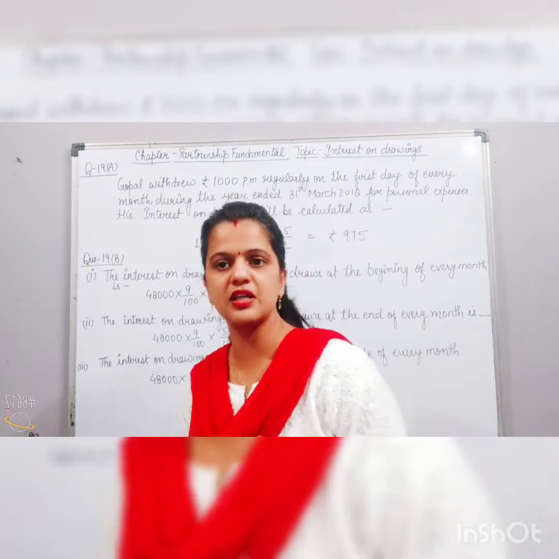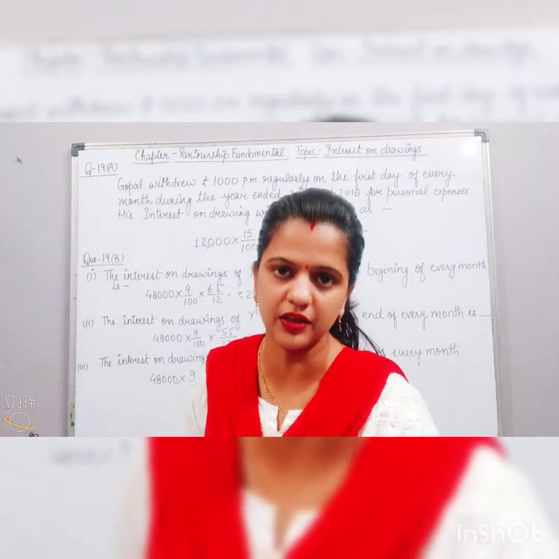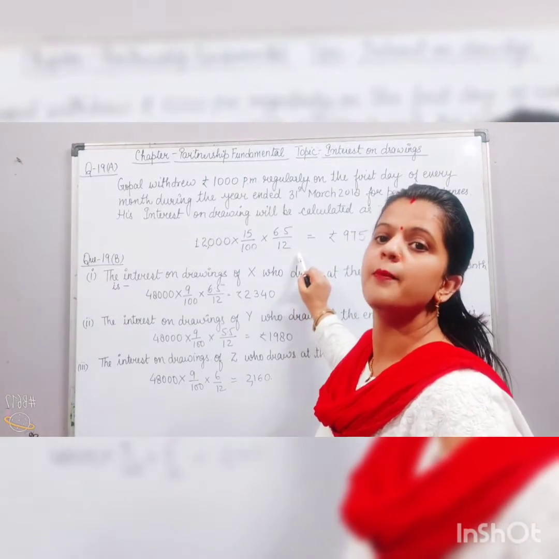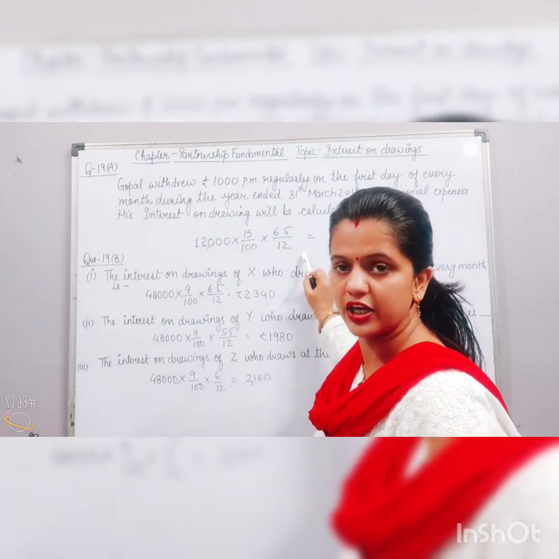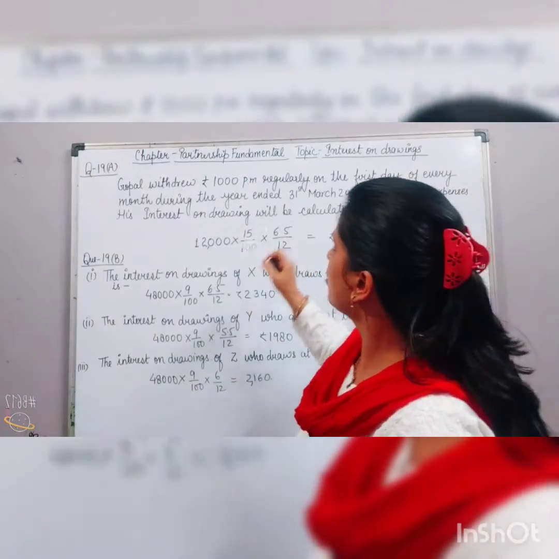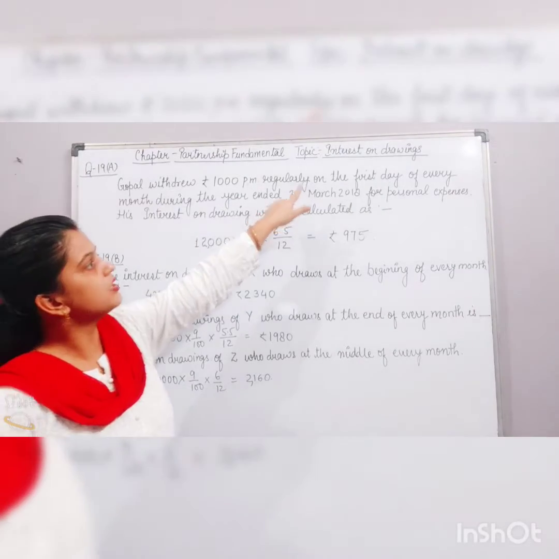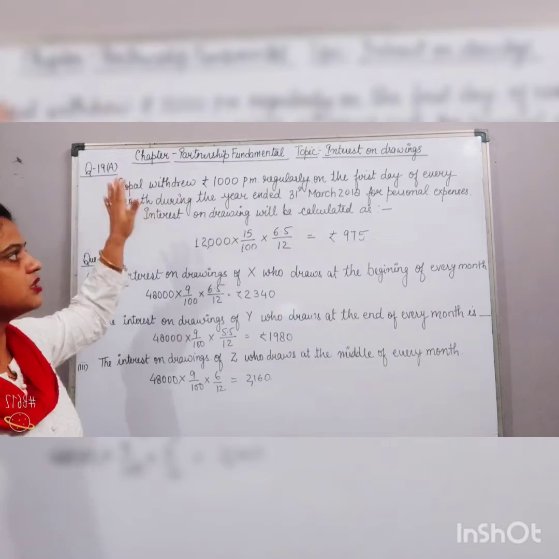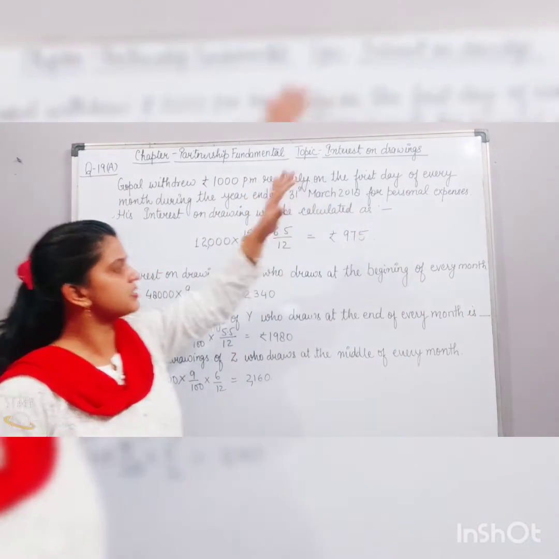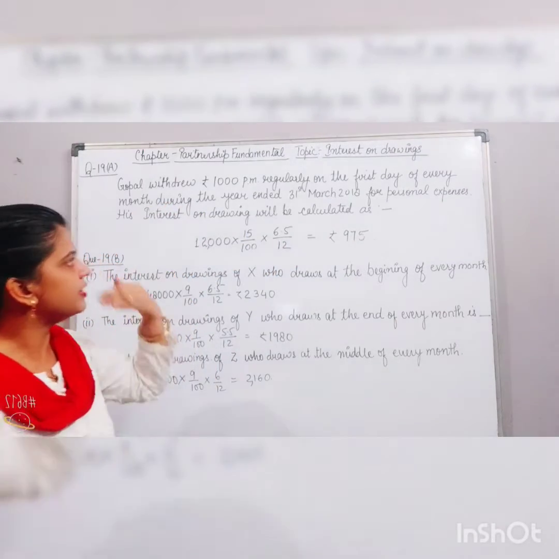As we have discussed all the patterns, the average period for the beginning of the month will be 6.5 upon 12. So if Gopal withdrew rupees 1000 per month regularly on the first day of every month during the year ended 31st March for personal expenses, what will be the interest on drawing?